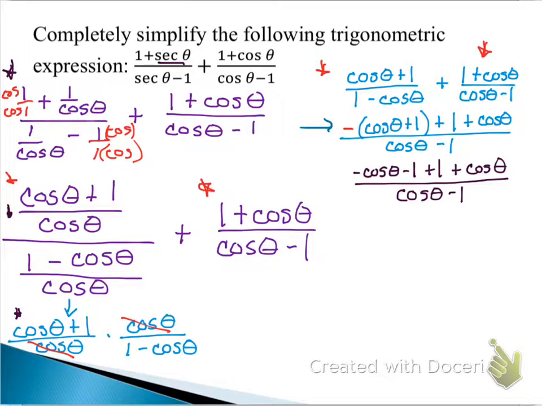As you can tell, negative cosine theta and positive cosine theta equals 0. Negative 1 plus 1 equals 0 as well. So now we have 0 over cosine theta minus 1. Well, anything with 0 in the numerator equals 0.